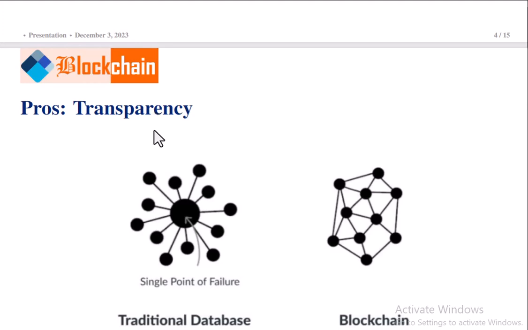All transactions are recorded on a transparent ledger. Transparency also means that all network nodes can access the transaction details and check the history, making accountability possible.